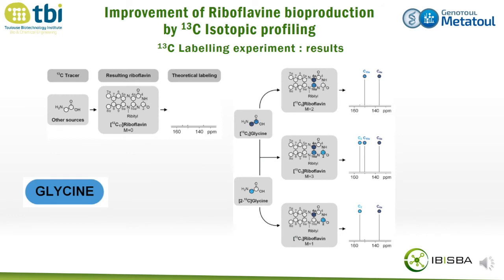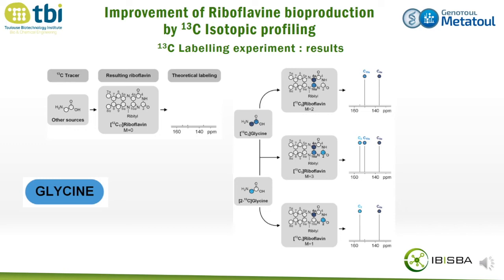When we have a look at the glycine experiment, in the medium we could have unlabeled carbon sources coming from vegetable oil or yeast extract, leading to no C13 enrichment, and labeled glycine added, either fully labeled glycine or labeled glycine on position 2, leading potentially to three cases.